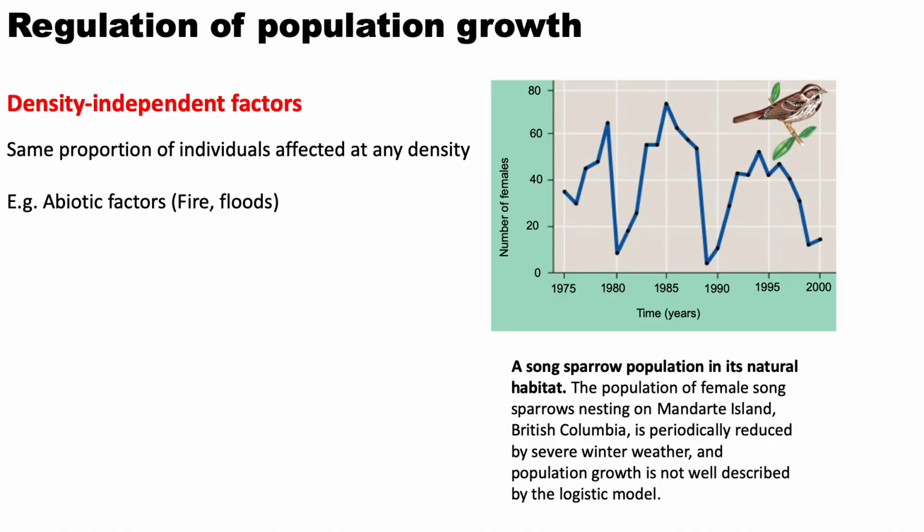In this case, you can see a song sparrow population, the population of females nesting on a particular island in British Columbia, and they find that it is periodically reduced by a very severe winter. That has nothing to do with the density of the population, but it's just that harsh winters cause greater mortality. These are known as density independent factors.